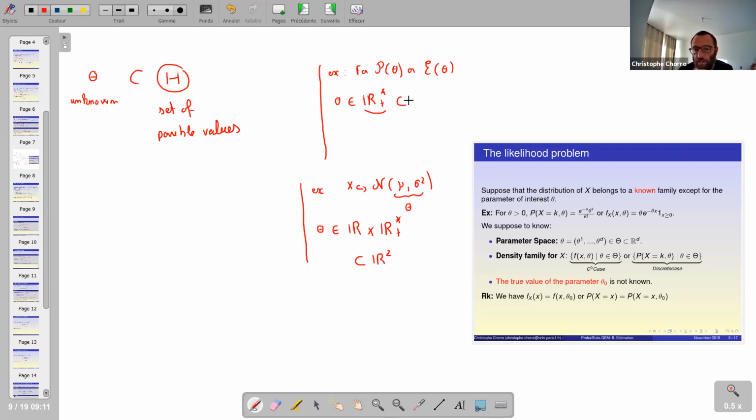Here I am included in R, here I am included in R square, because here it's R to the power 1 since I have a single parameter. Here I have two parameters, so that's why I have the 2 here. So the set of the possible values is included in R to the power d, d being the dimension of my parameter, d equal to 1 in this case, d equal to 2 in this one.